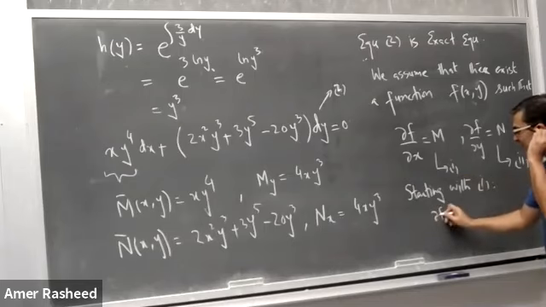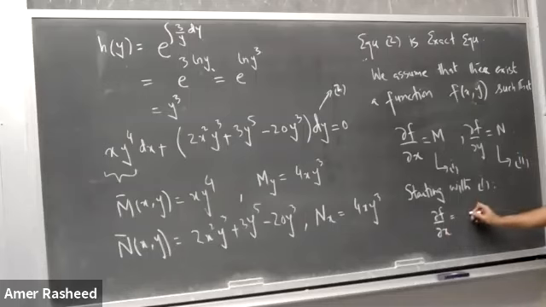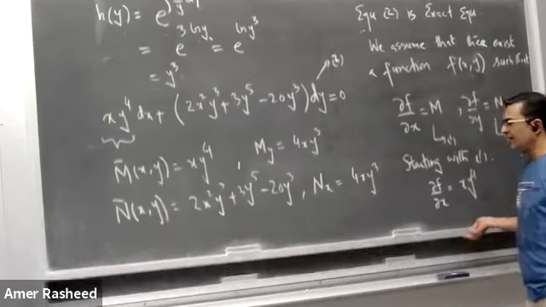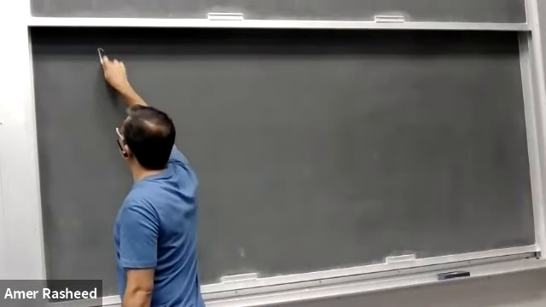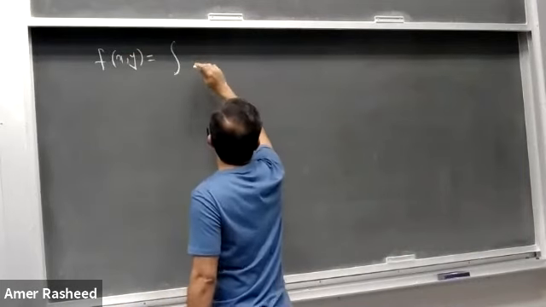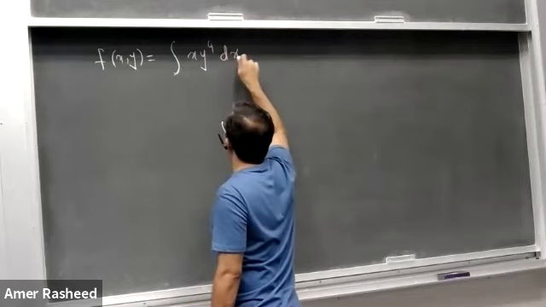So starting with 1, I can write partial f over partial x is equal to M, which is xy^4. Now what we do, we take the integral on both sides with respect to x. It gives me f of xy on the left hand side and the integral of xy^4 with respect to x here.